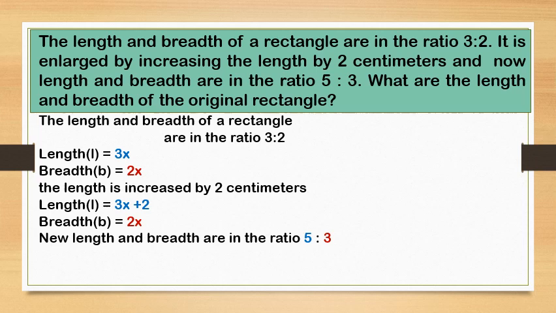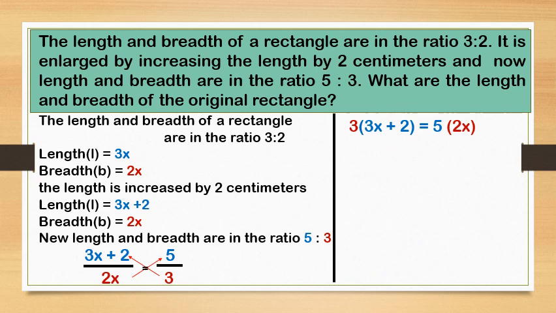So let us write this relation as (3x plus 2) divided by 2x equal to 5 divided by 3. Then cross multiply, we get 3 into (3x plus 2) equal to 5 into 2x. Then simplify, we get 9x plus 6 equal to 10x. Take 9x to the right hand side, we get 6 equal to 10x minus 9x.